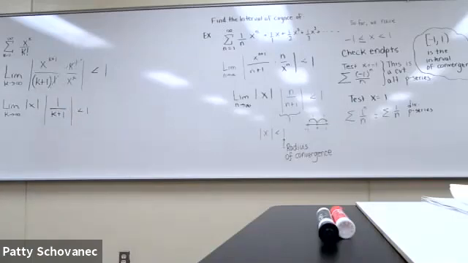So what's that limit? That limit is 0. So here's what we get. We get the absolute value of x times 0 is smaller than 1. That's going to be true no matter what x is. This holds for any value of x. So this is an example where this power series converges over the entire real number line.